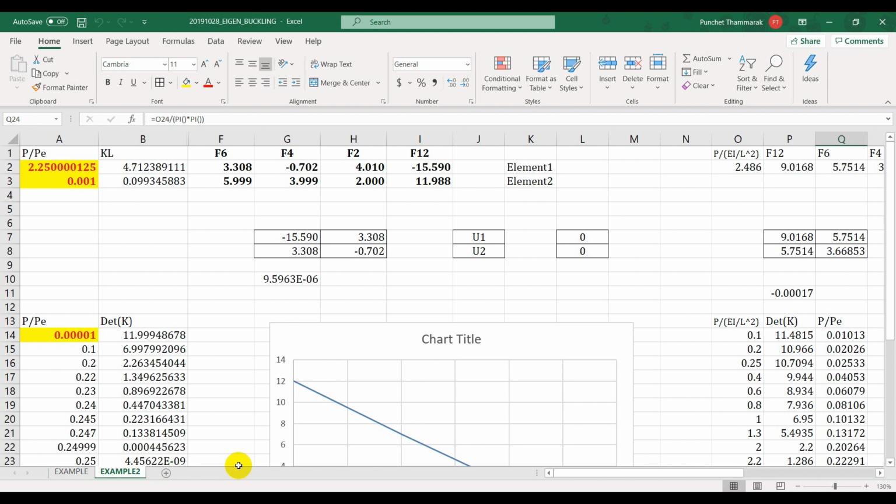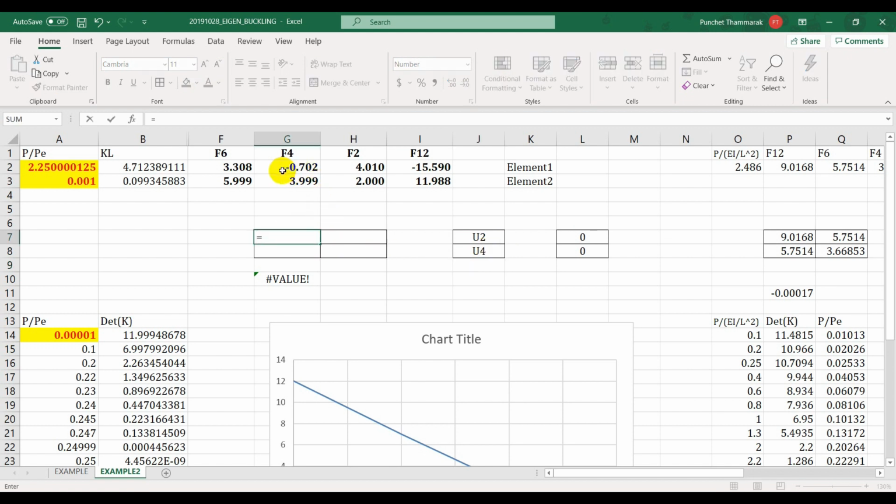The second problem that we want to play with is the pin column, pin at the top, pin at the bottom. You have only 2 degrees of freedom, U2 and U4. Just rotation, displacements are all restrained.